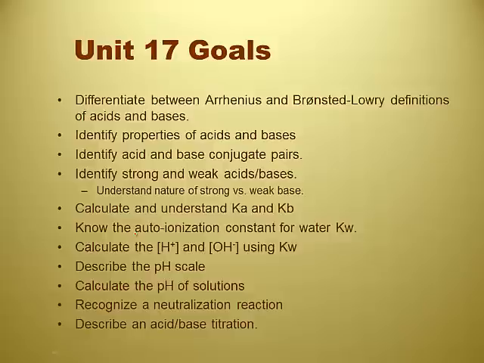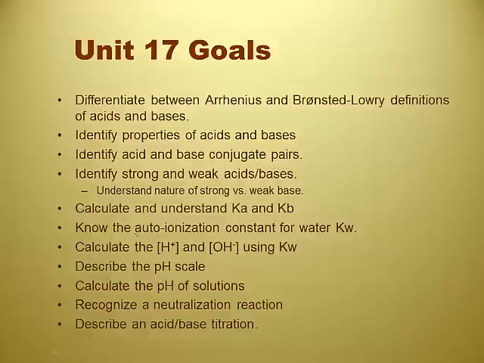We can identify strong and weak acids and bases, and that's going to be a memorization thing. Calculate and understand the Ka and the Kb. And that's just mathematics. If you recognize that K, it's equilibrium. Equilibrium of acids and equilibrium of bases. And water, apparently. There's a Kw, so there's an equilibrium of water also. It turns out that water is not just water.